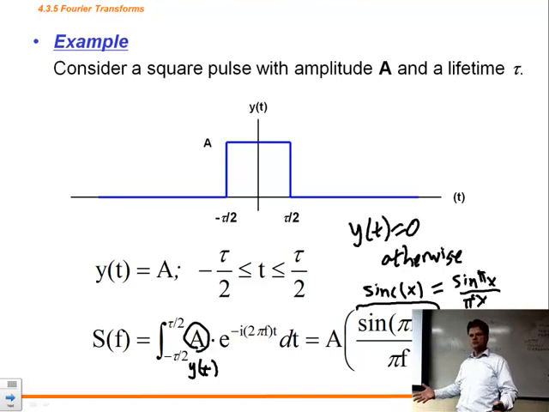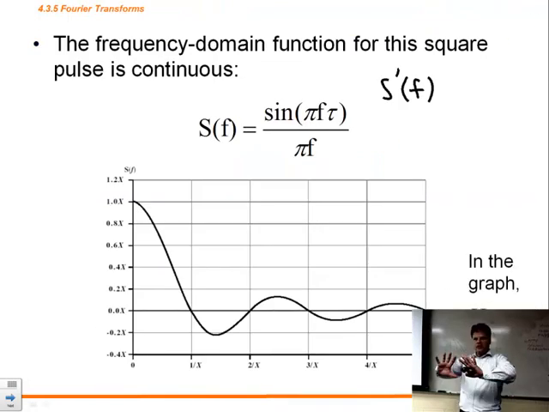If you want to transmit bits at a high rate, you have to make these pulses really short, have short duration. But when you make tau small, the frequency plot does the opposite. It stretches out. The frequency plot goes with 1 over tau.